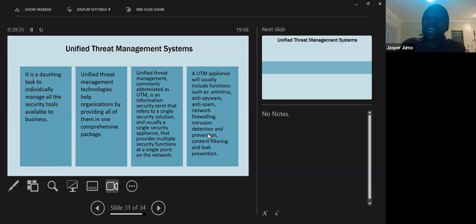But maybe the company does not want to buy all these different appliances on their own. What they do is they just buy one gadget, which is called the UTM. The UTM will act as the antivirus, the firewall, and the intrusion detection system. So the company saves money, as they didn't want to fork out a lot of money to buy a lot of gadgets that secure them. They just buy one gadget that does all of this together. I hope you did get that one.